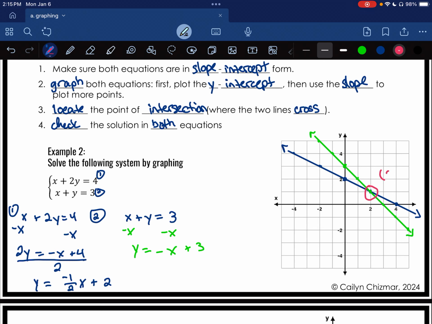And that point is 2, 1. So you might be like, hey, this all sounds familiar. Well, we actually already checked our work, right? We checked our work in example 1. I gave you this problem with the solution already. We already checked it.